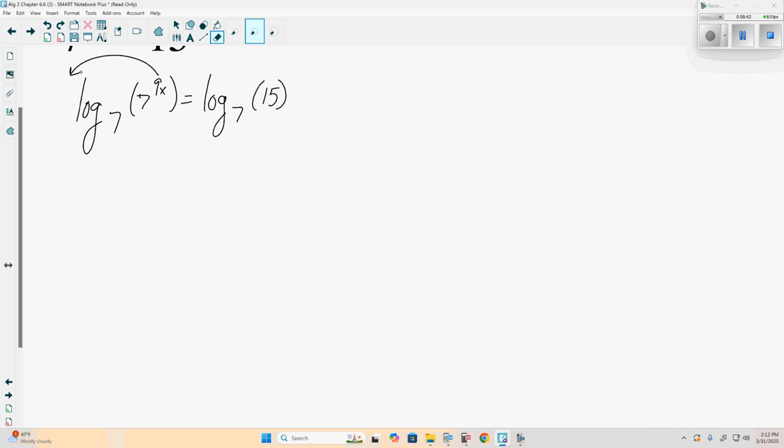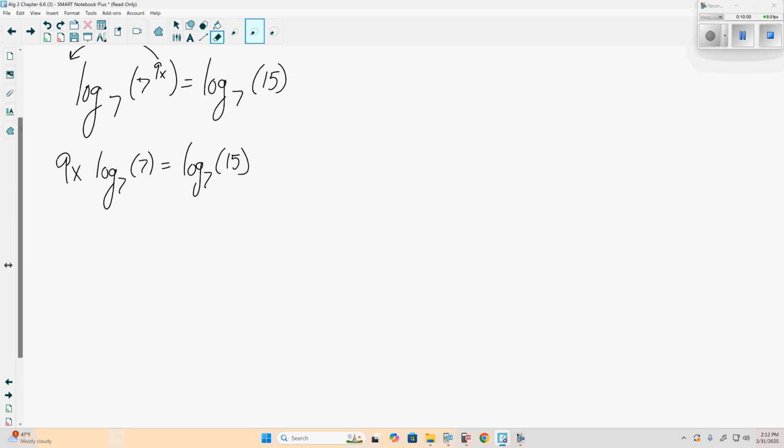Because on the left-hand side, the 9x would move to the front, giving us 9x times log base 7 of 7 equals log base 7 of 15. Again, log base 7 of 7 is 1.